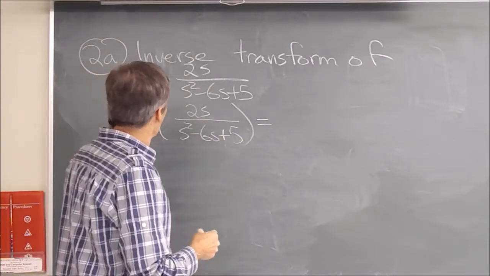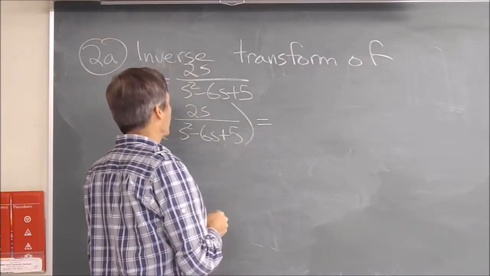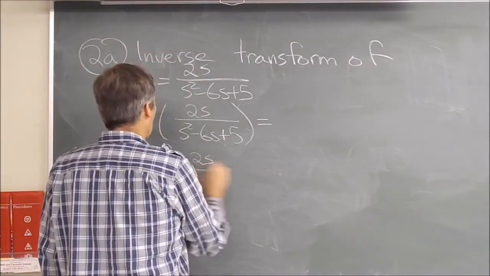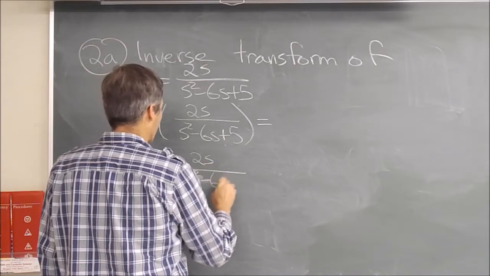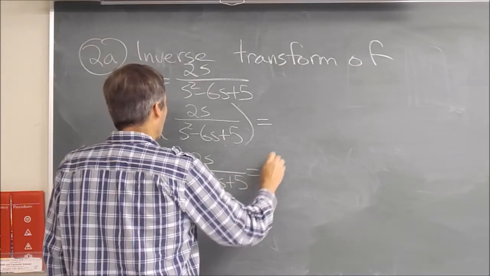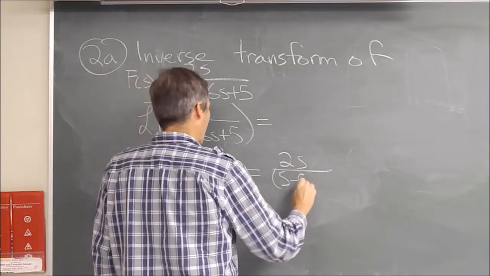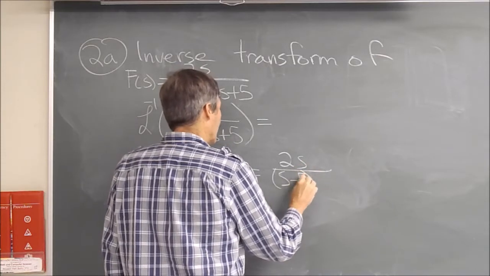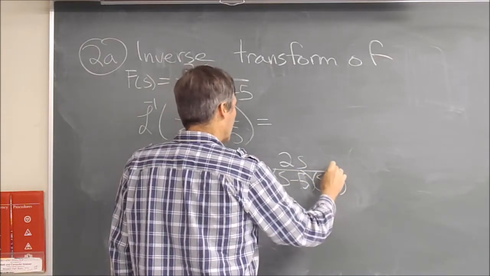All right. Now, how do I rewrite this using partial fractions? We know that 2s over s squared minus 6s plus 5 has a denominator that factors as s minus 5, and I have to be careful, that 5 looks like an s, doesn't it, times s minus 1.